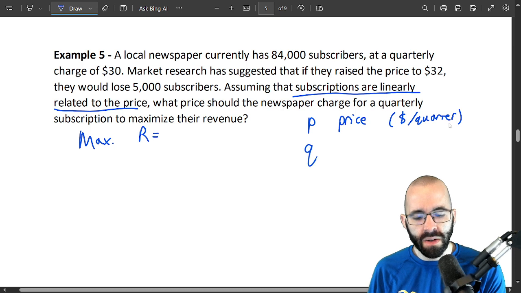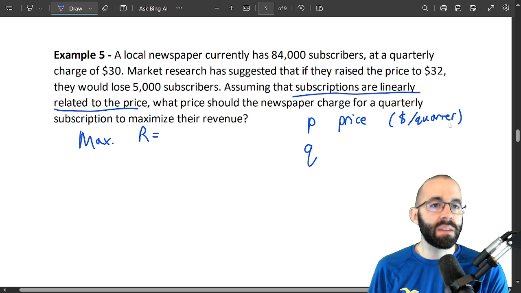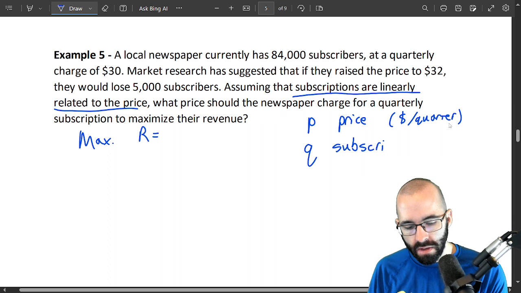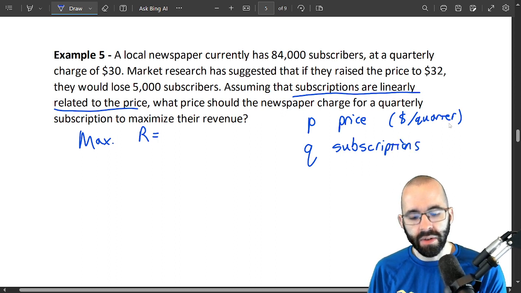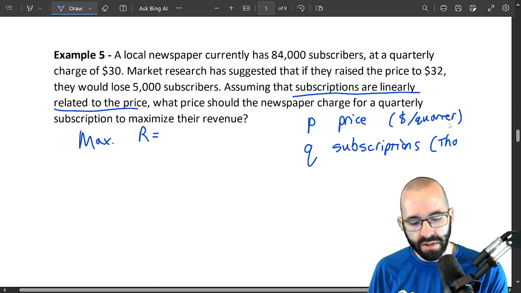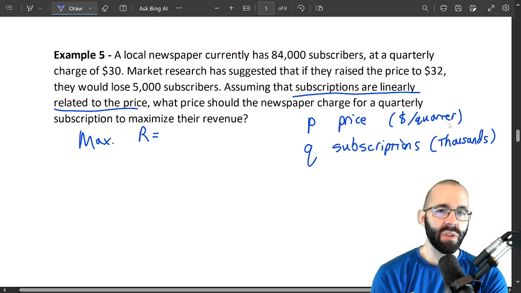We need a new variable, right? Q be subscriptions, or you could let S be subscribers. That's going to be really important as well. And I'm going to put in thousands. I don't want so many zeros. Look at how many subscribers this newspaper has. 84,000, 5,000. I don't want to write all that.